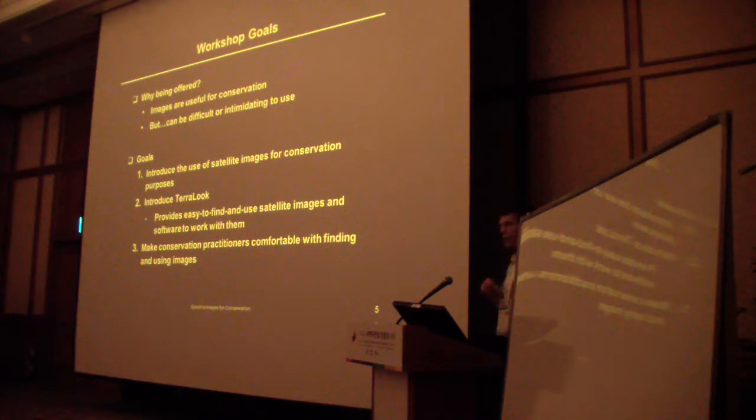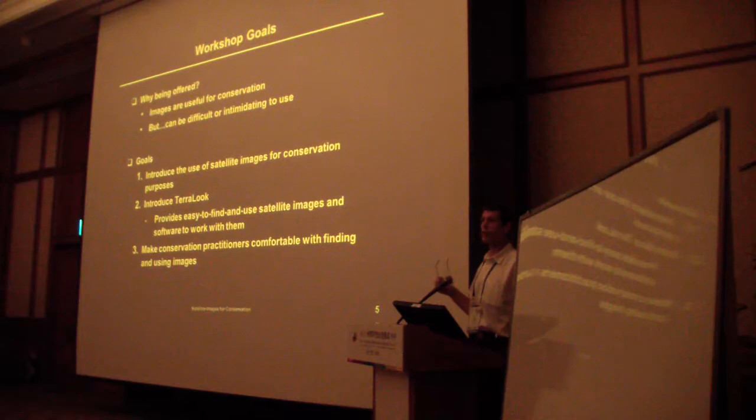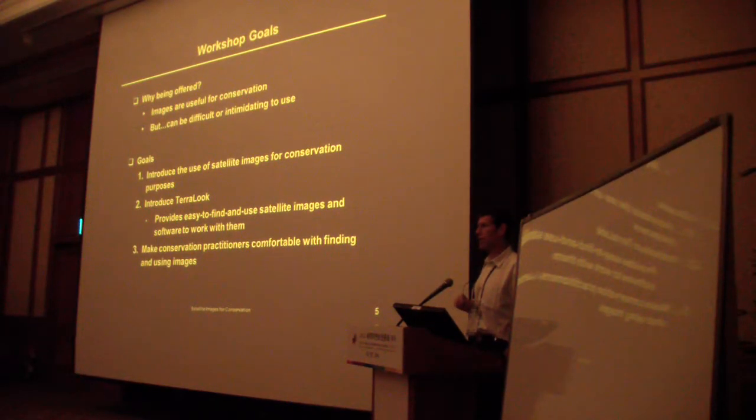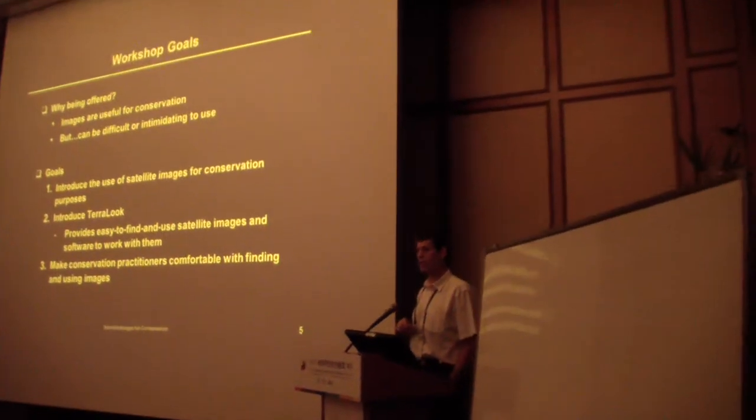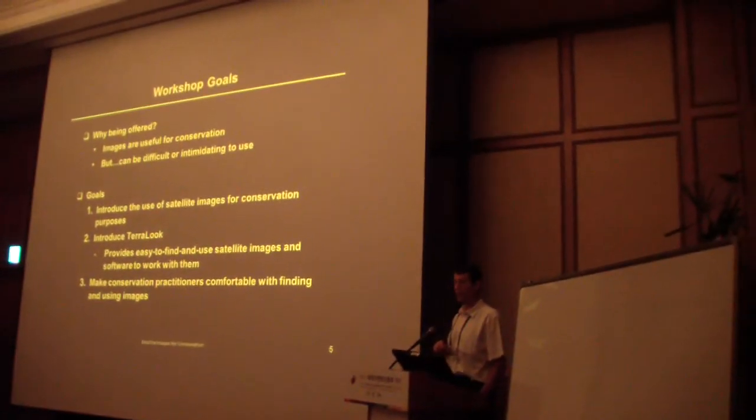So why are we offering this workshop? Well, we find that there are a lot of people doing conservation work who would like to use satellite images, but the systems that provide those images, or the software that's out there to utilize the images, is often cumbersome and sometimes just downright unfriendly.